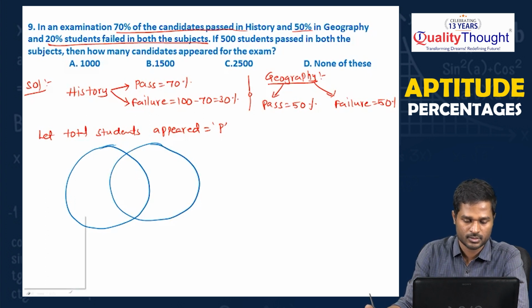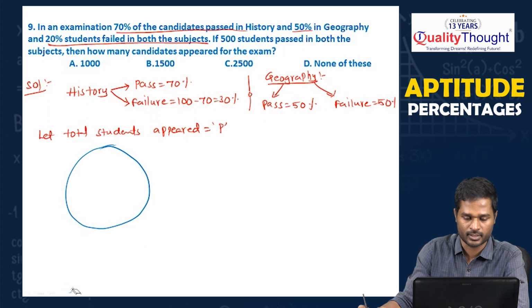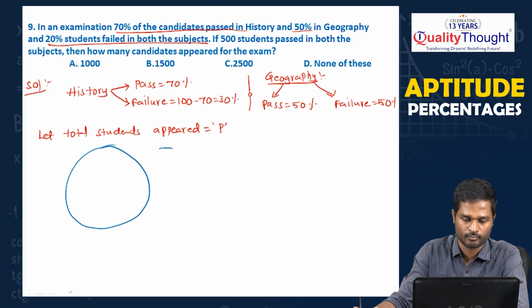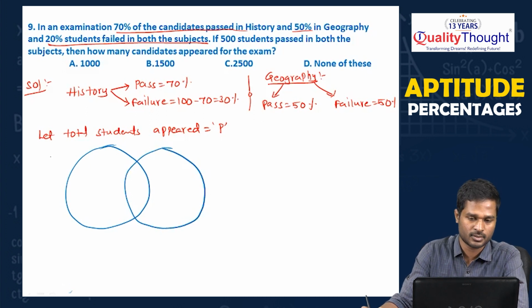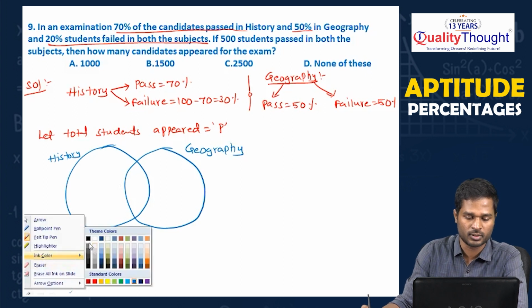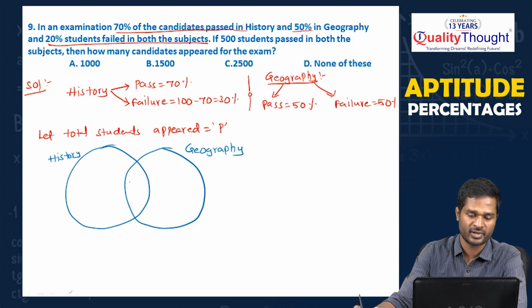Consider the first circle as history and the second one as geography. First, fill the common portion. How many students failed in both the subjects? 20% failed in both the subjects, so this is the common portion which failed.